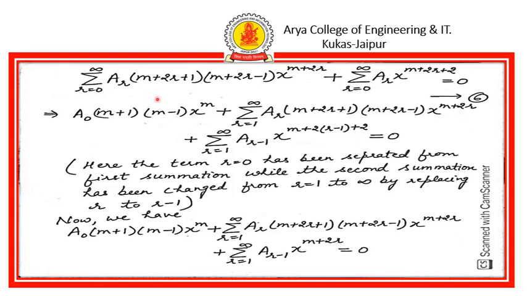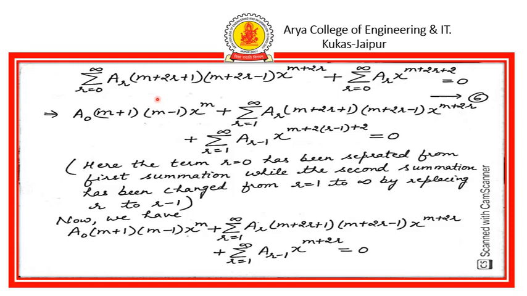We have taken two substitutions in this question, that is y equals x to the power m and y equals summation r equals 0 to infinity a_r x to the power m plus 2r. In both substitutions, the main difference is the power of x. In one substitution, the power is m, and in the second substitution, the power of x is m plus 2r.